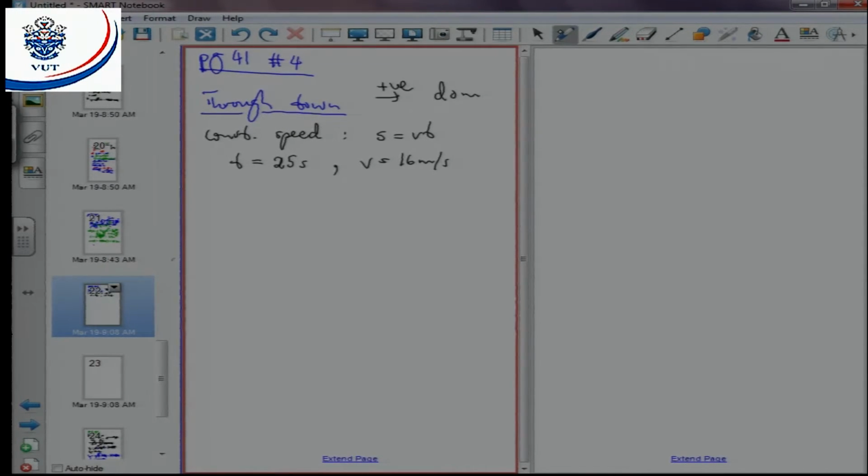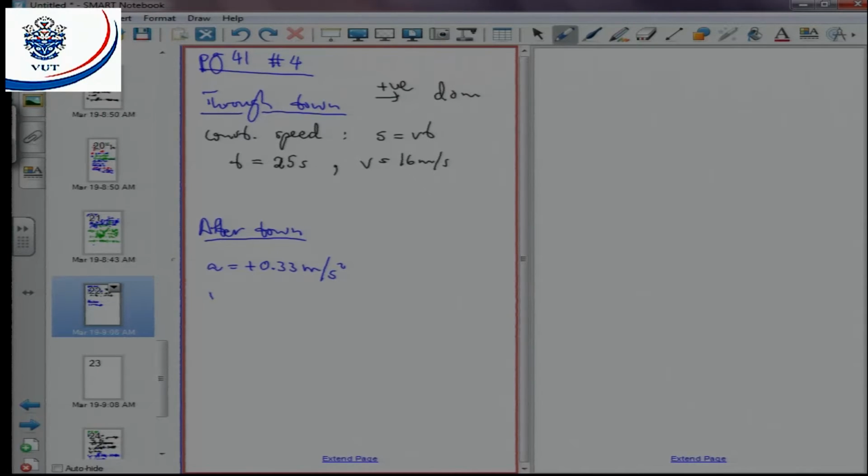And then we are also told after leaving the town, the train accelerates at 0.33 to reach a final speed of 35 meters per second. So after town, it accelerates, so a is positive, a equals plus 0.33 meters per square second.